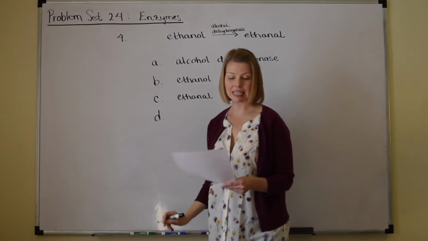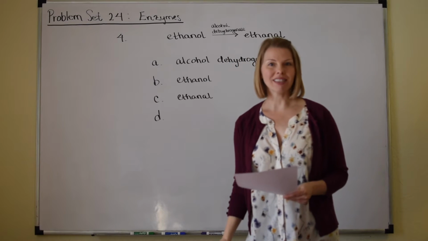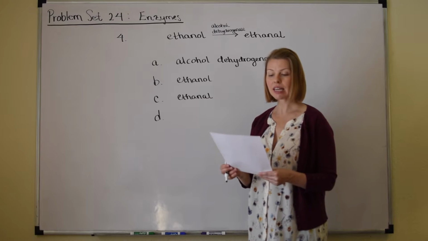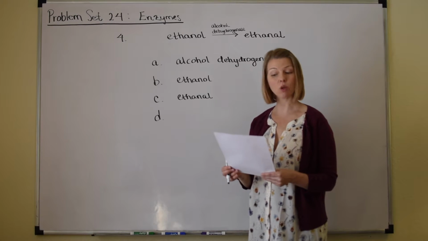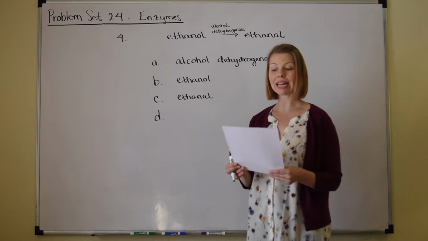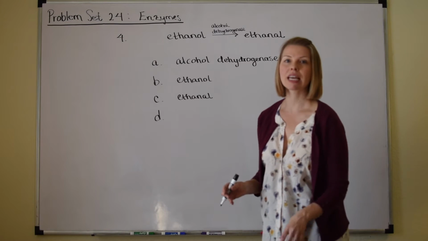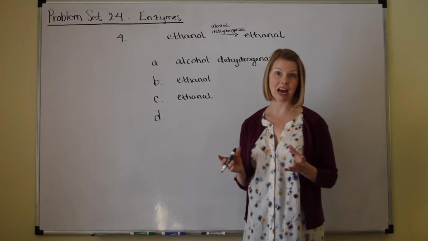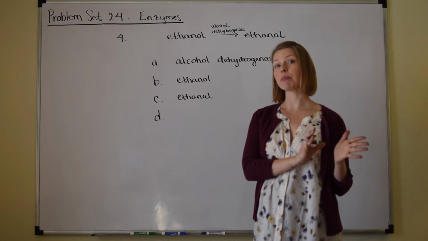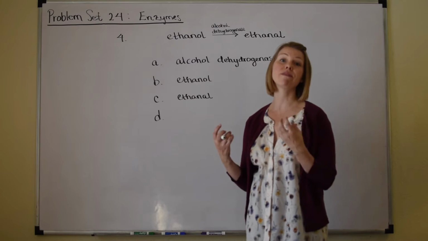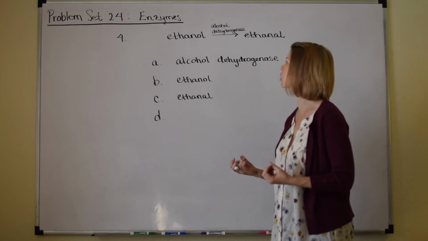Okay. D, what is the coenzyme? So the coenzyme, it says in the problem that this reaction will not take place without NAD plus turning into NADH. NAD plus is your coenzyme. It's not the enzyme, but it's something that is required for the enzyme to function and catalyze this reaction properly.